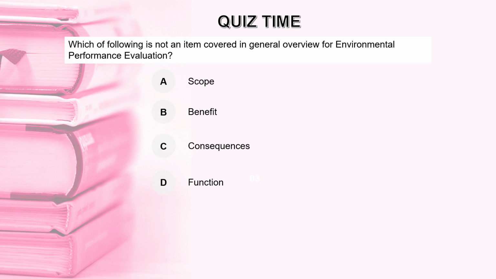That's all from us. But before that, let's recap what we have learned today by answering the quizzes. The first is, which of the following is not an item covered in general overview for environmental performance evaluation?